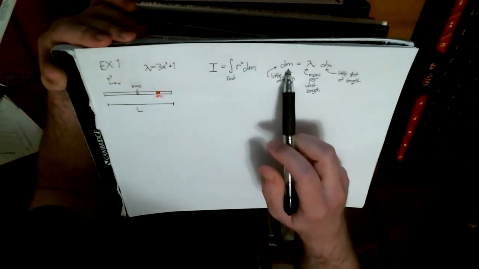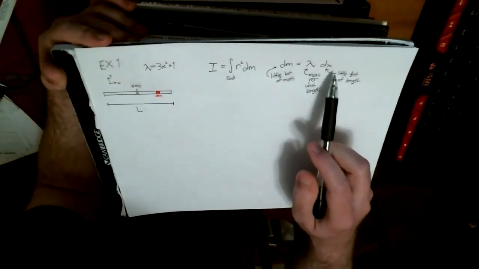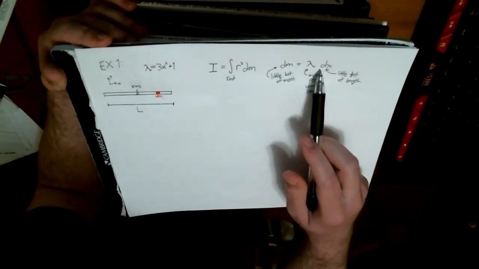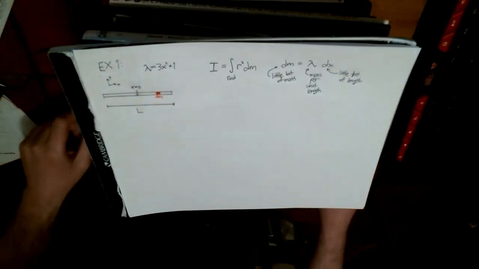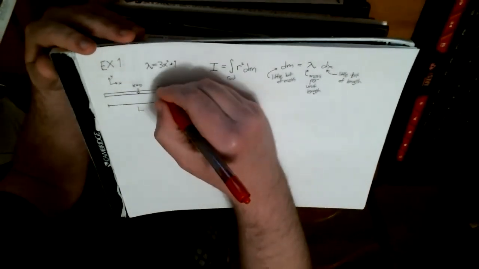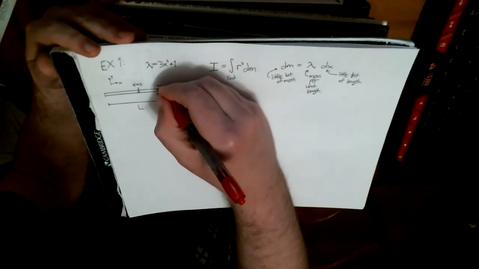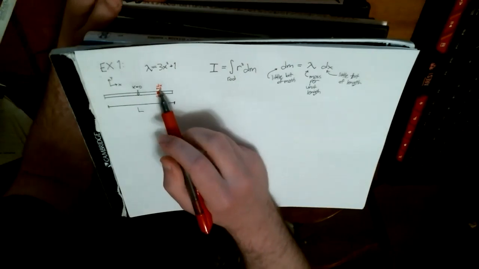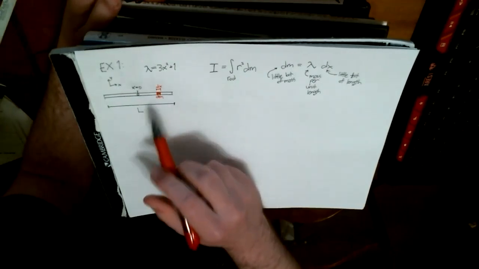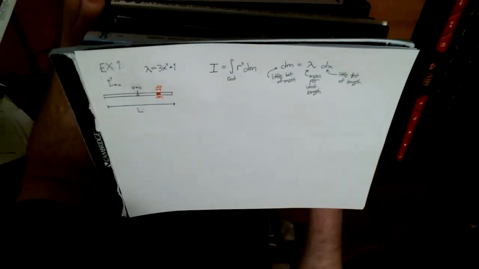How do we get a little bit of mass? Well, we multiply a little bit of length times our mass per unit length, and that will give us the little chunk dm. Our dm is associated with this differential length element dx. You have a length dx and a mass dm that goes with it.